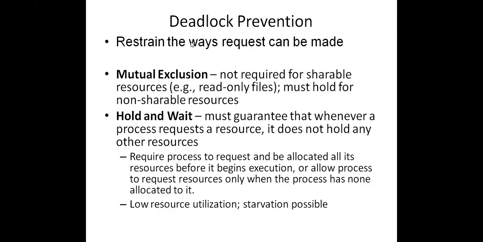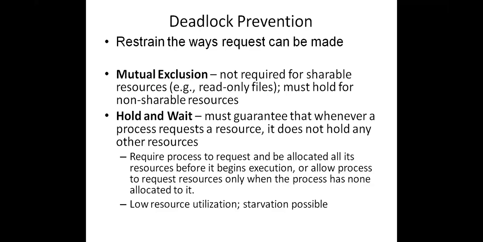So we can avoid mutual exclusion if we have more shareable resources in a machine. If more shareable resources are there, then automatically those resources are shared among the processes, so all the processes can use the resource at the same time.